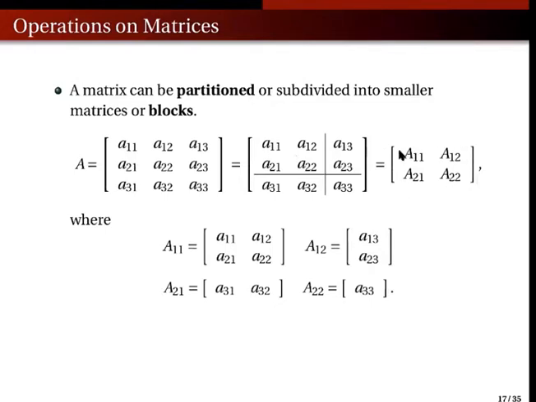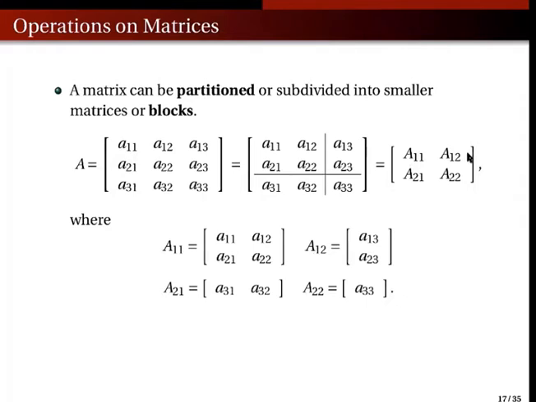It looks like it is smaller, but it's actually the same matrix, capital A here. So your capital A11 is the 2 by 2 matrix A11, A12, A21, A22. That's the location here, and that's your capital A11.